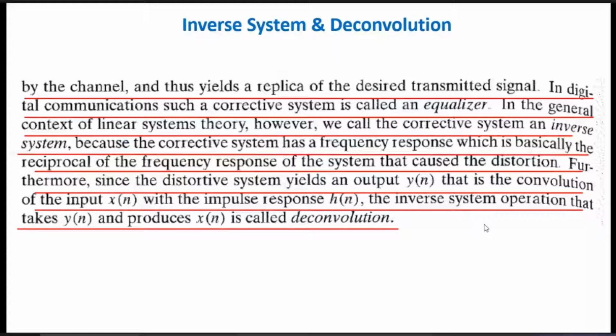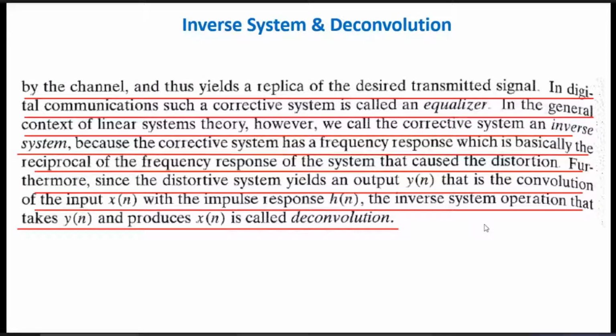So deconvolution produces the output that is the opposite of convolution. Convolution provides the output in terms of the convolution between the input x[n] and the impulse response h[n].